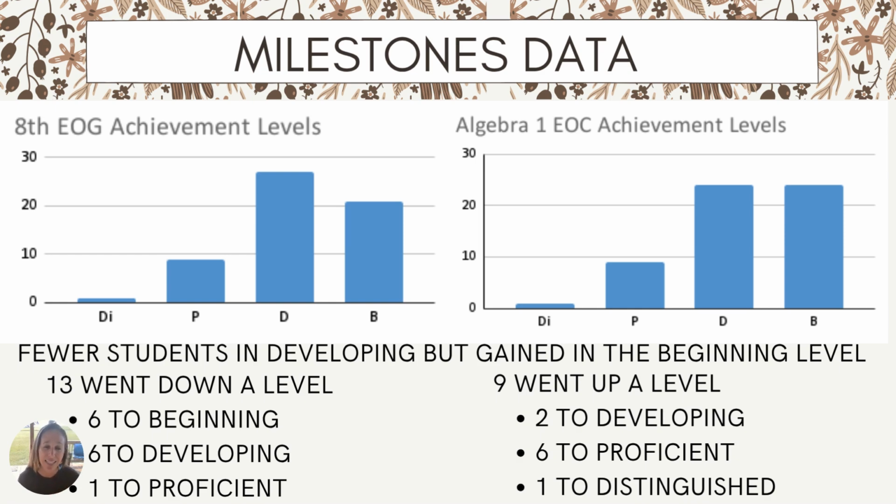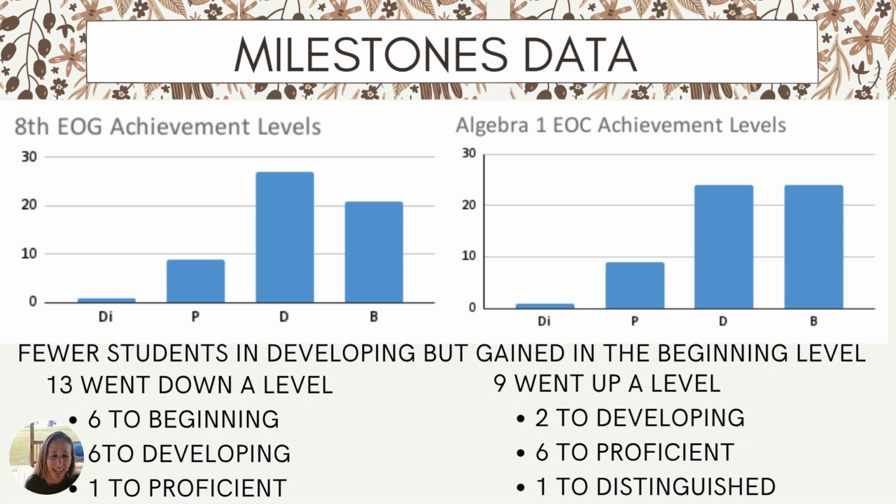So we saw a pretty big weakness here, to me, that we had 13 students that actually went down an achievement level from their EOG scores to those EOC scores in the 9th grade. So we had 6 that moved from developing to beginning, 6 that moved from proficient to developing, and 1 that moved from distinguished to proficient.